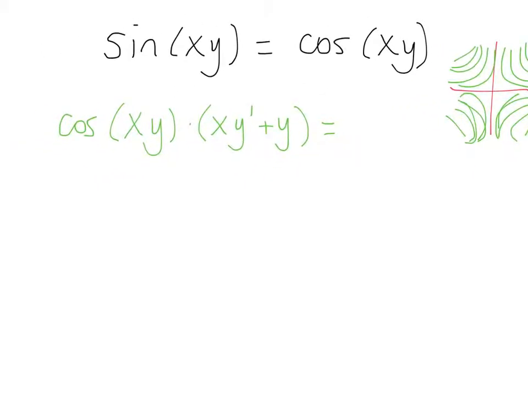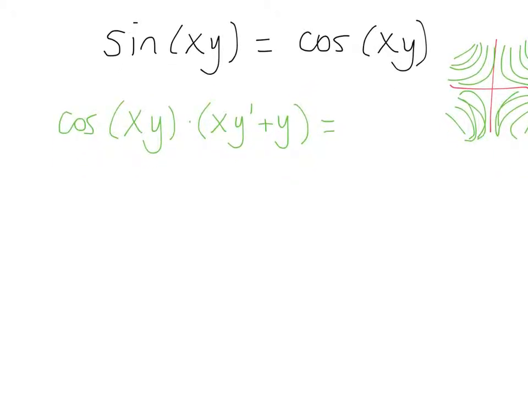okay, I'm going to delete this. Let's see if I can get it to erase. Nope, I cannot. Alright, so going to keep moving. Derivative of the right side is negative sine xy times xy prime plus y.